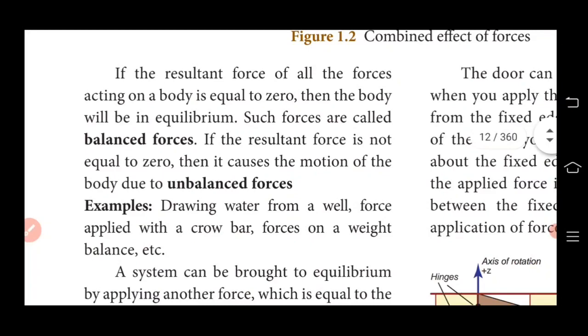Such forces are called balanced forces. If the resultant force is not equal to 0, then it causes the motion of the body due to unbalanced forces. And also we discussed some examples: drawing water from a well, force applied with a crowbar, forces on a weight balance, etc.